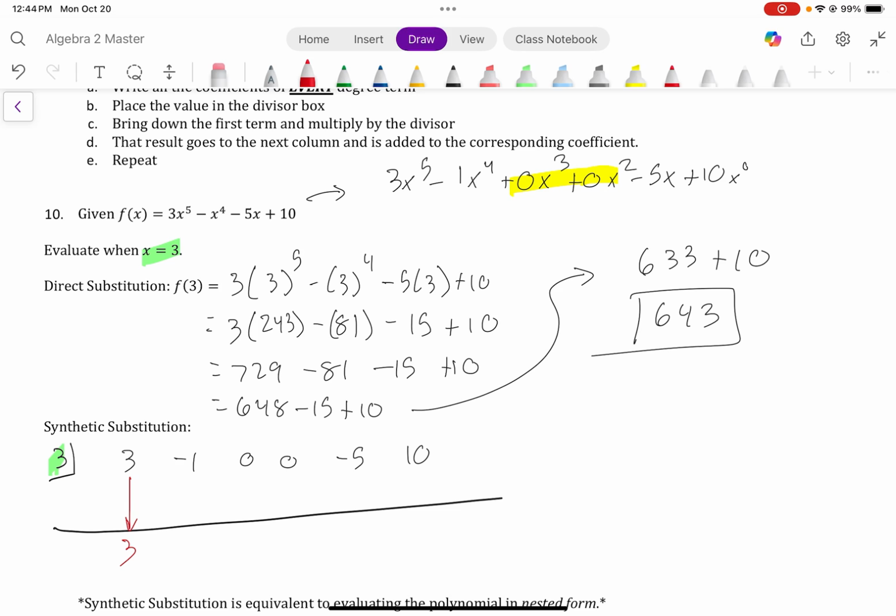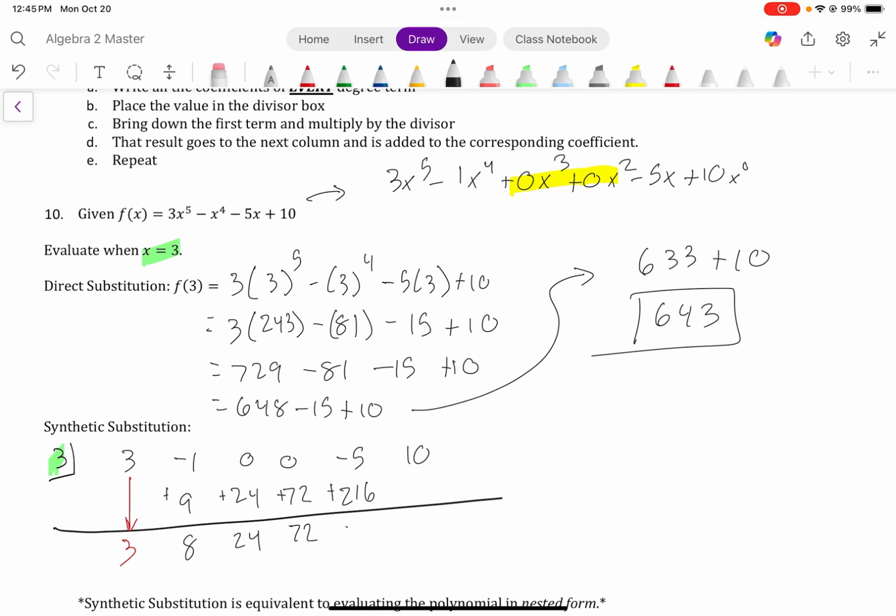Now I'm going to do the 3 that's highlighted green times the red 3 to give me a 9. I'm now just going to add that column together. Negative 1 plus 9 is 8. 3 times 8, the green 3 times that 8 is 24. 0 plus 24 is 24. 3 times 24 is 72. 0 plus 72 is 72. 3 times 72, the green 3 again, times 72 is 216.